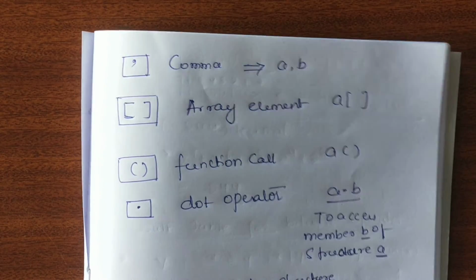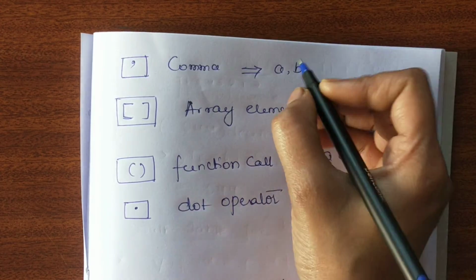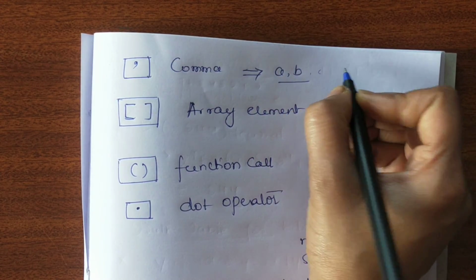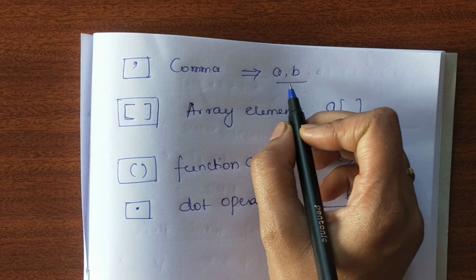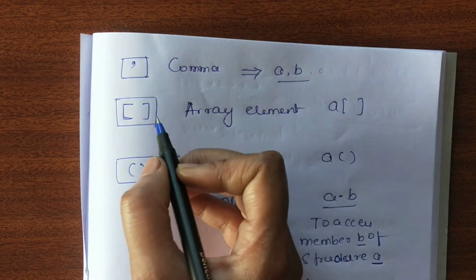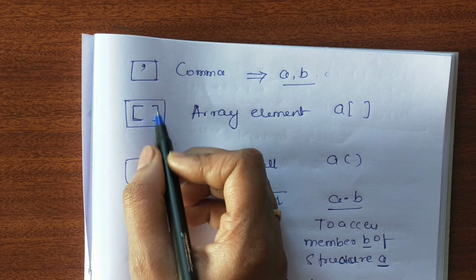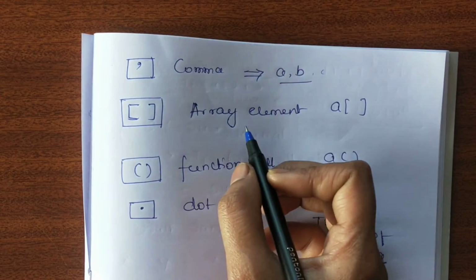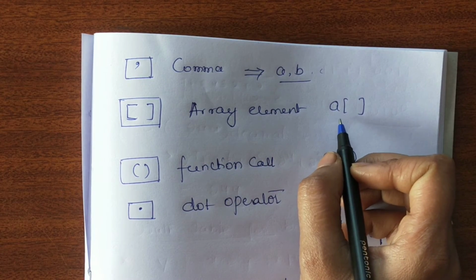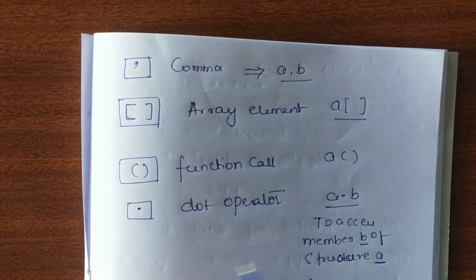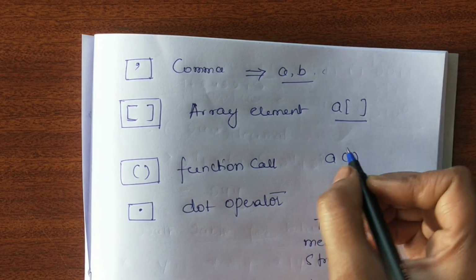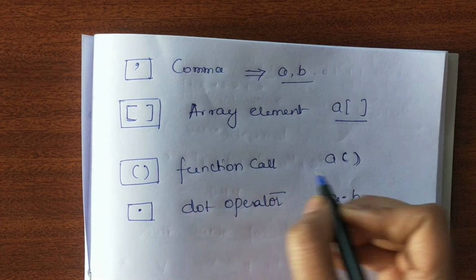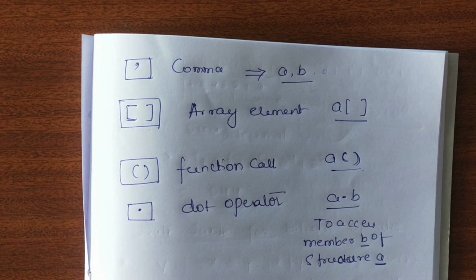So next we have comma as the special operator. A comma B comma C, like that. It is going to separate two variables. And this is a pair of square brackets. These are for array elements, like array A. If we use these brackets, they are meant for function call.